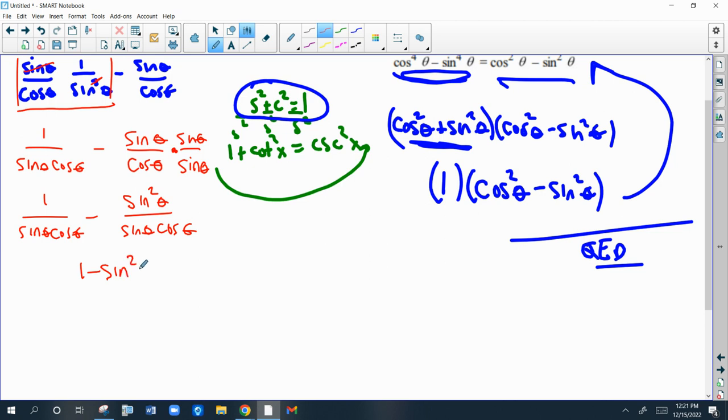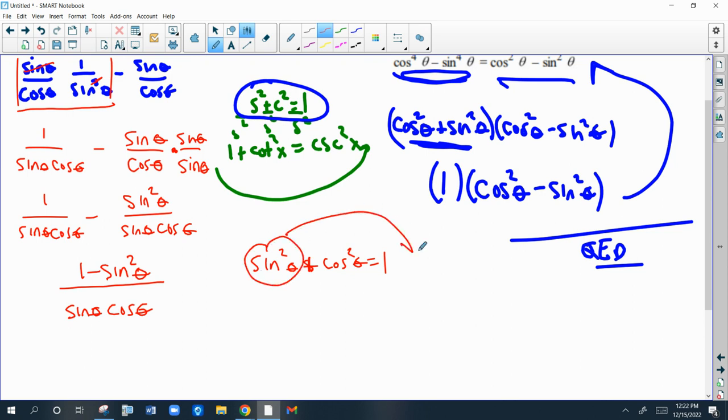Now, as I'm writing this, 1 minus sine squared looks like it could definitely be a Pythagorean identity. As we talked about before, sine squared plus cosine squared is equal to 1. That means 1 minus sine squared must equal cosine squared.